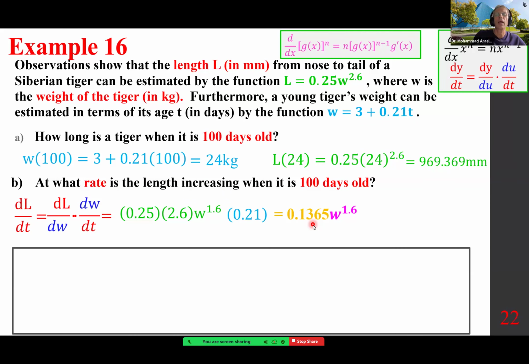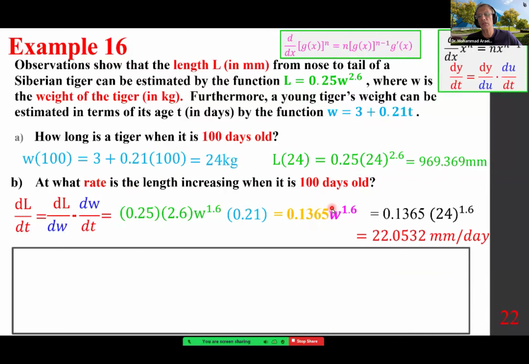Now, when it's 100 days old, you have two choices. You can replace the W with 3 plus 0.21 T and then replace the T with 100. Or because we already know from part A that W is 24 when T is 100, just replace the W with 24. Put it into a calculator and you have the answer.